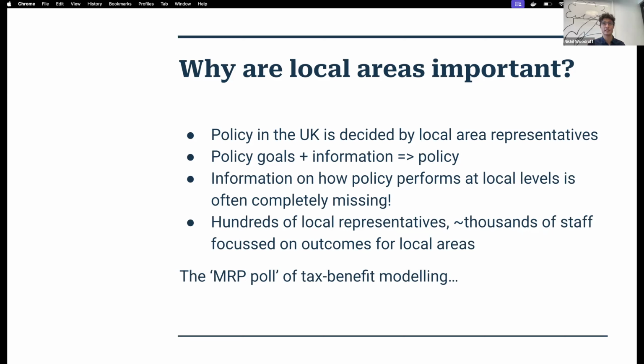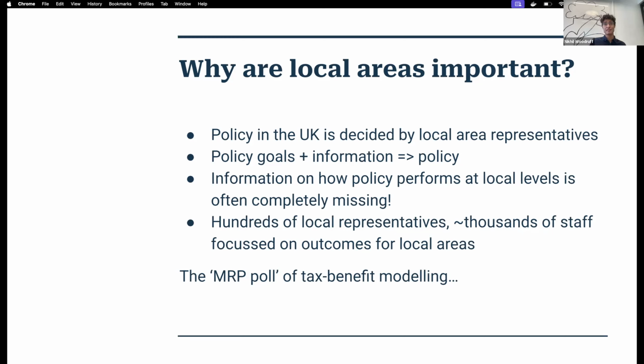Voters use information to decide which policies achieve their goals, and then vote accordingly. Policymakers have policy goals for their constituencies, and through getting information about how policy interventions affect their local areas, they decide what policies to advocate for.